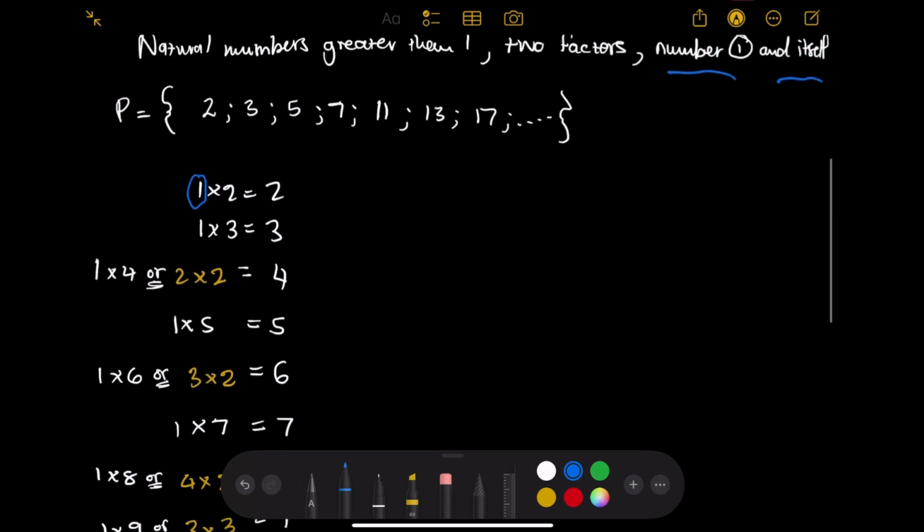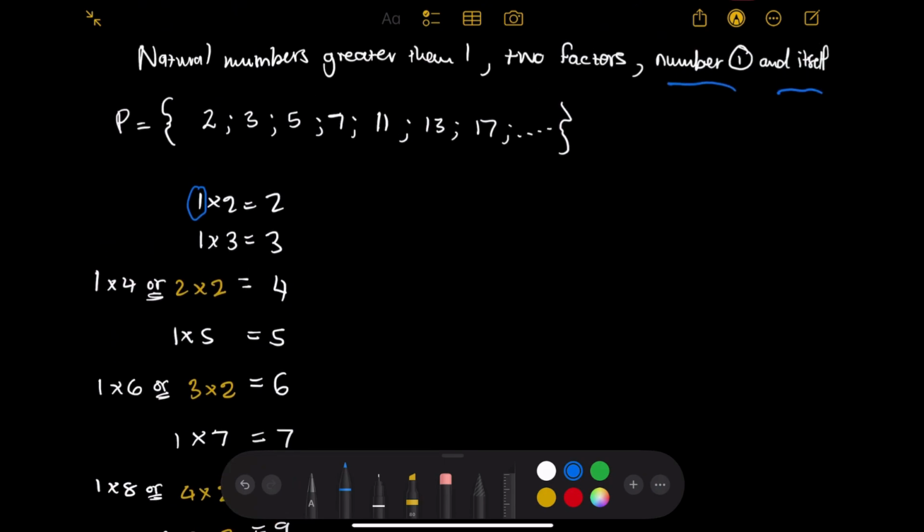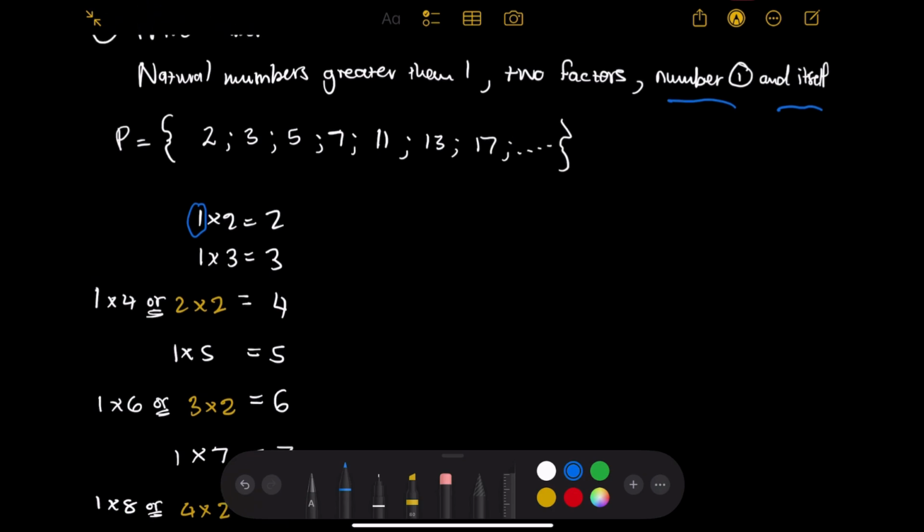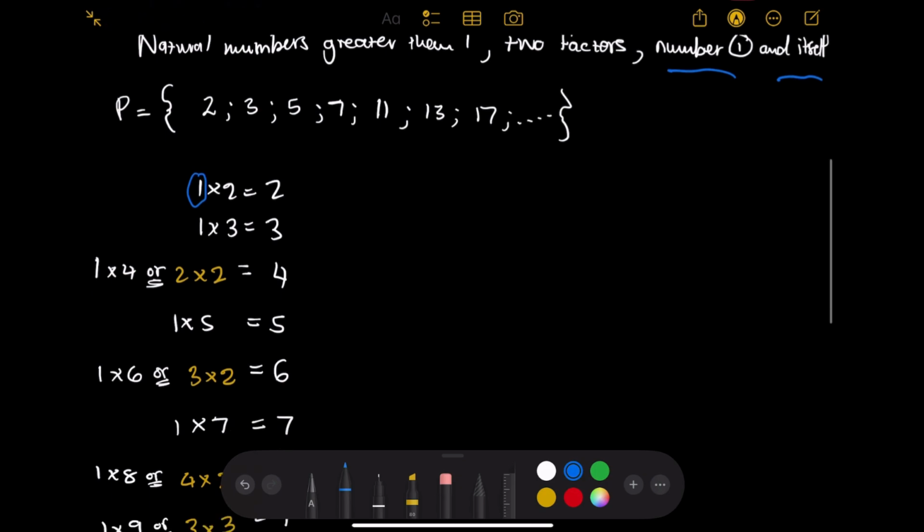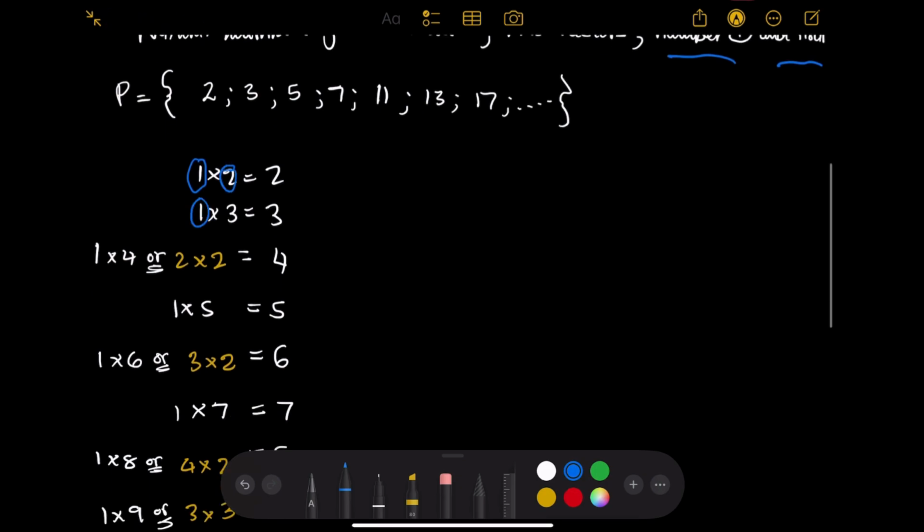If I identify a specific number that can only be multiplied by 1 and itself to get that number, then that will give me a prime number. Because if I want to know what that number is divisible by, what are the factors of that specific number, it will only be the number 1 and itself.